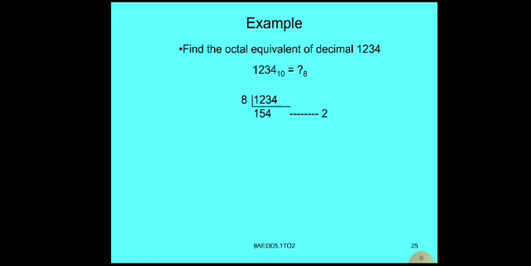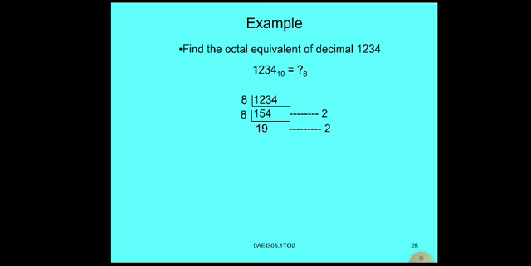And now the quotient available is 154. Divide this 154 once again with 8. 8 ones are 8, because 8 twos are 16, it will be above the value of 15. So you have to take only 8 ones are 8. So what is the remainder? 7. 75.